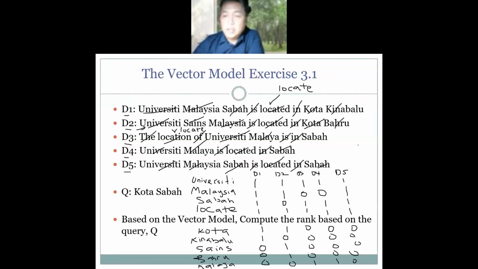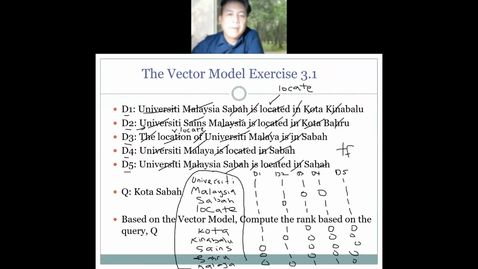Okay. So this is your term frequency. Okay. So you need to convert them into the term frequency using the log, and you need to compute the IDF for all of these terms. Okay, and then you construct the TF-IDF.